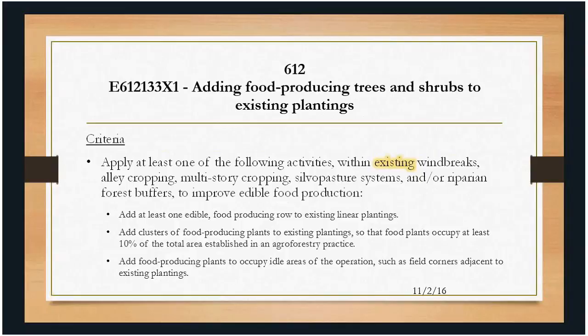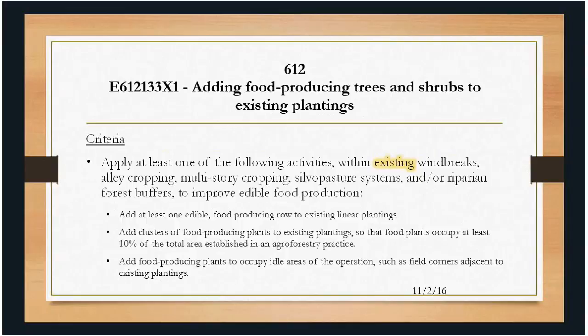So the criteria is to apply one of the following activities within existing windbreaks, alley cropping, all those things. You need to add at least one edible food producing row to an existing linear planting. You need to add clusters of food producing plants in existing plantings so that they occupy at least 10% of the total area of the established agroforestry practice.